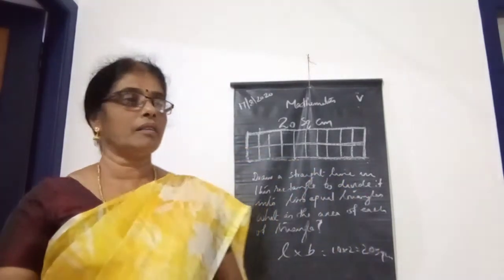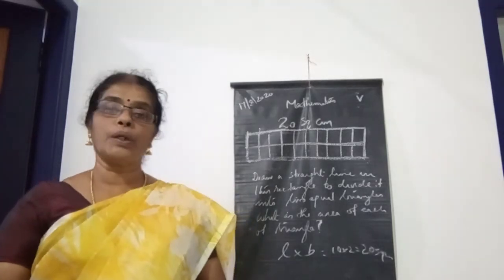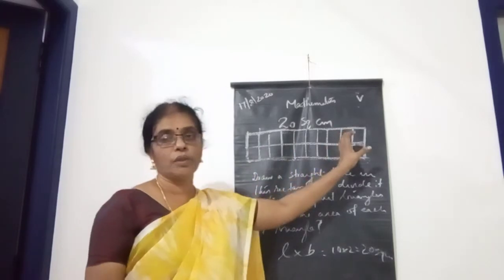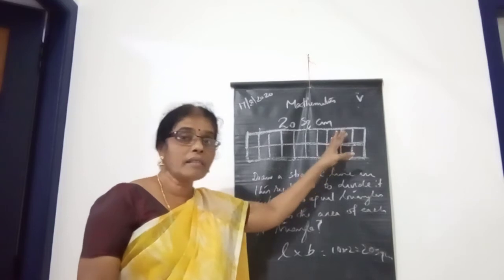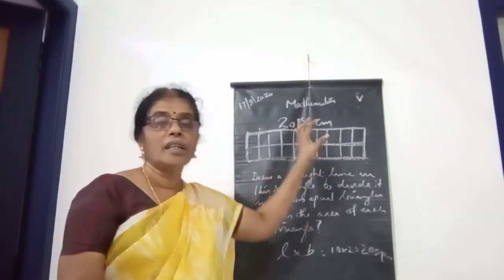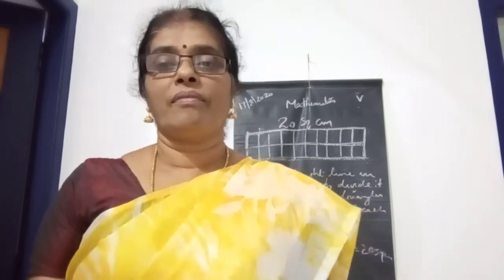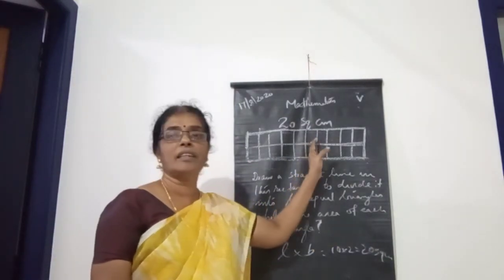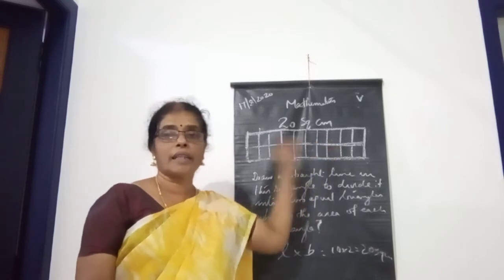So first question, draw a straight line in this rectangle, and that straight line should divide this rectangle into two equal triangles.